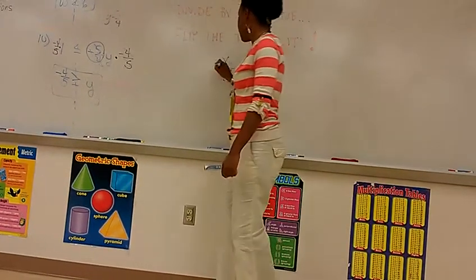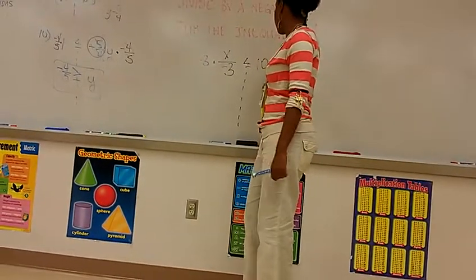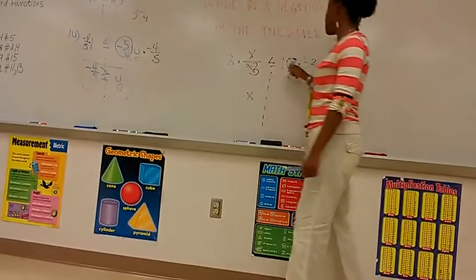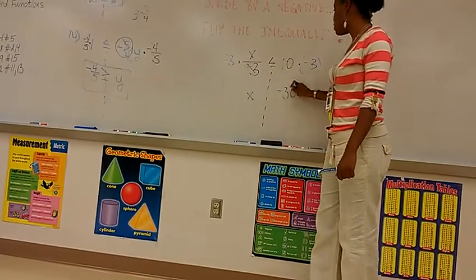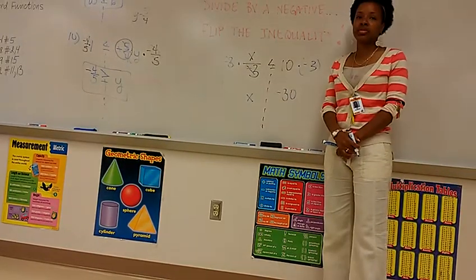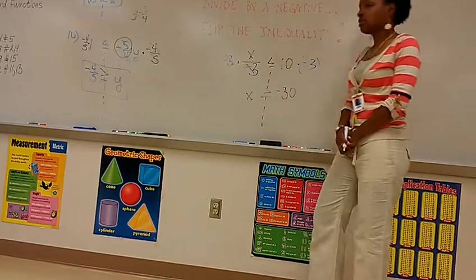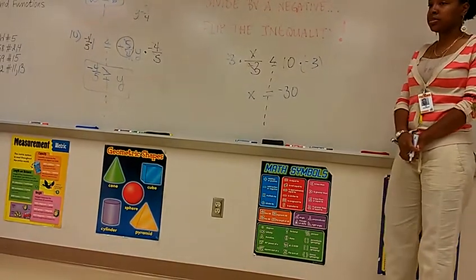Multiply by negative 3. So you multiply by negative 3, multiply by negative 3, and these cancel. You get x. Over here, 10 times negative 3 is what? Negative 30. Now, did I multiply or divide by a negative? Yes. So flip the sign. Make sense?